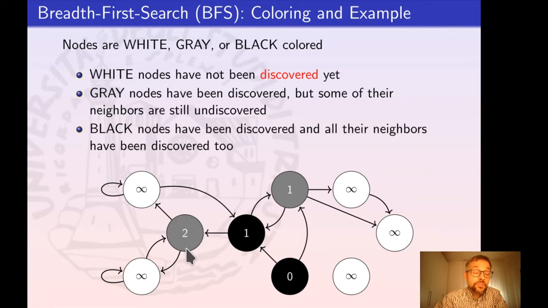Of course, I can update its distance from the source, which will be the distance of the node I was moving from +1. And since no more nodes are white in the neighborhood of the first node, it can become black. So let's move on.